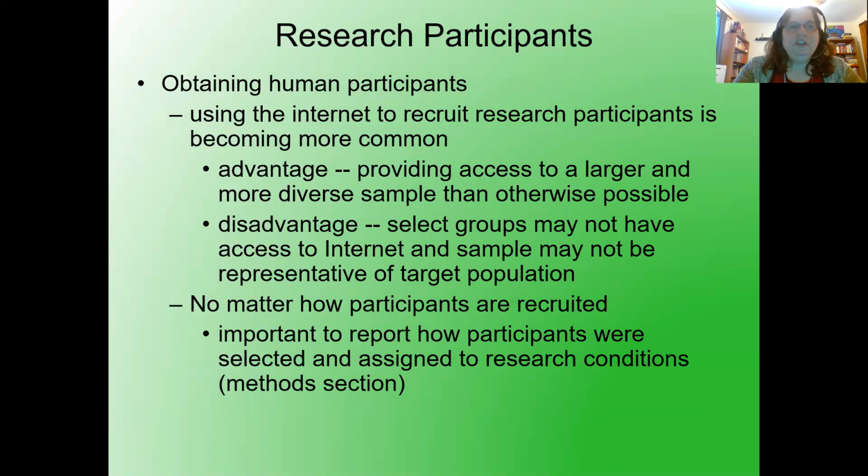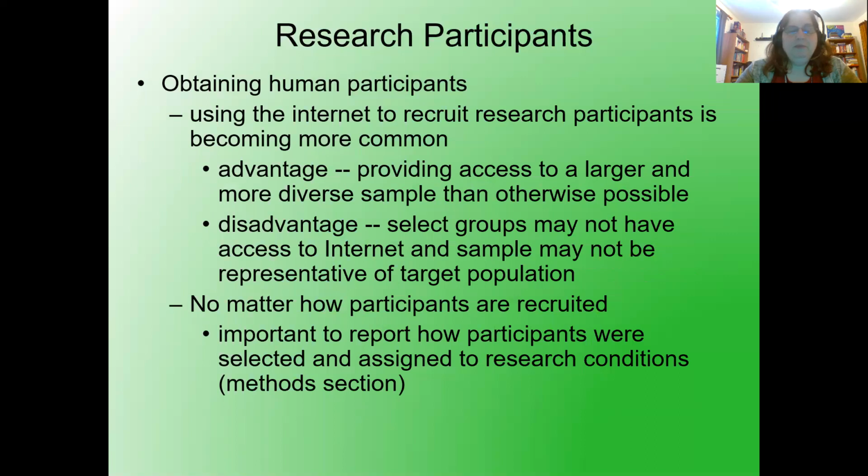Now, in recent years, the internet has become a very popular place to recruit participants. The nice part about that is it provides access to a larger and more diverse sample than otherwise possible, right? That makes sense that we could get a wider variety of people. The disadvantage? Well, certain groups may not have access to internet even today, that is true.